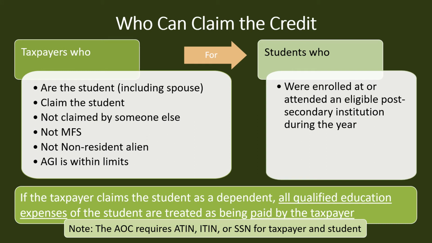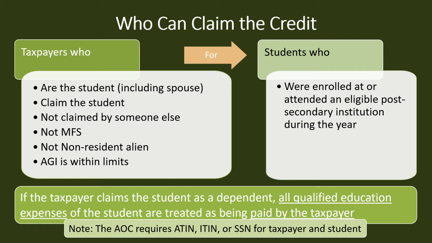Now that we've covered what is an eligible institution and what kinds of expenses are qualified, let's talk about who can claim these credits. Taxpayers can claim these credits if they are the student or the spouse, if they claim the student on their return. The taxpayer cannot be claimed by somebody else, so they must not themselves be a dependent.